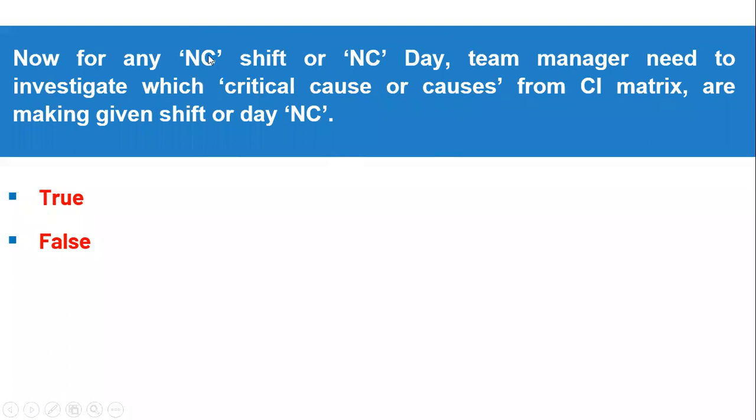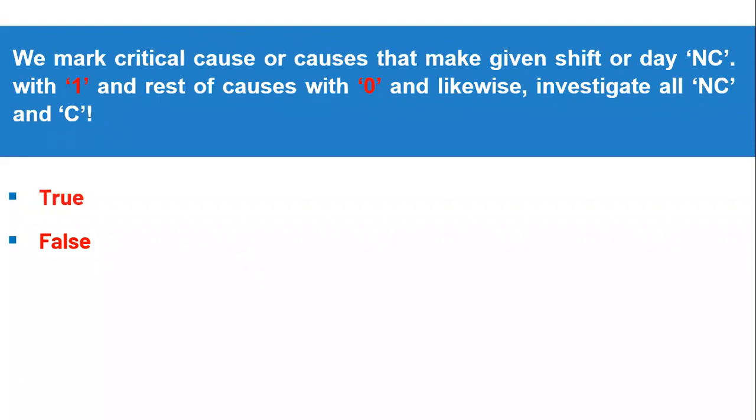Now, for any NC shift or NC day, the team manager with shift supervisor or assistant manager needs to investigate which critical cause or causes from the CI matrix are making the given shift or day non-compliance. Is it true or false? And the answer is, it is true. So they need to investigate which are the culprit causes which lead to these given non-compliances. So let's go to next question.